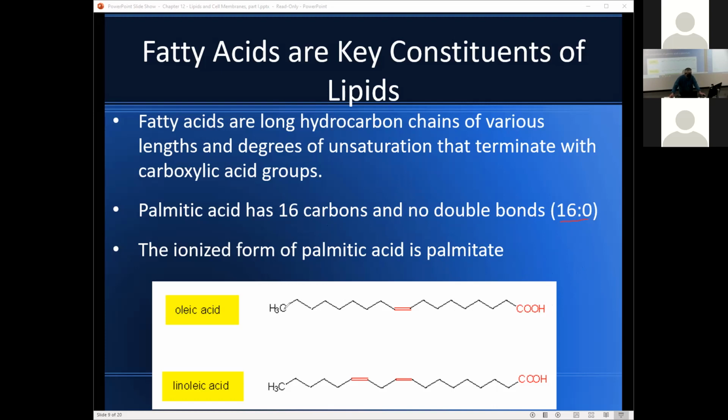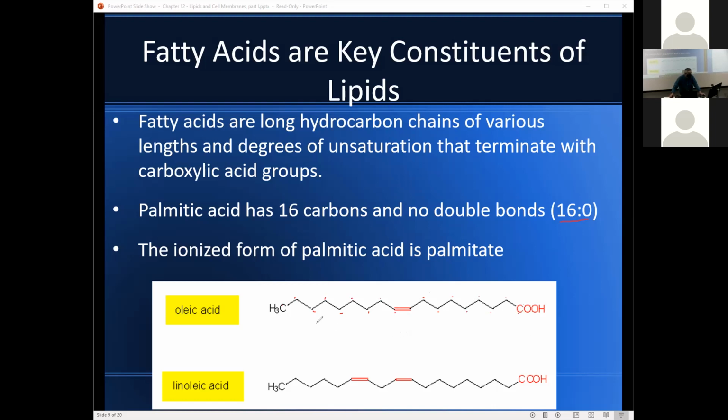So let's count up the carbons first. 1, 2, 3, 4, 5, 6, 7, 8, 9, 10, 11, 12, 13, 14, 15, 16, 17, 18.